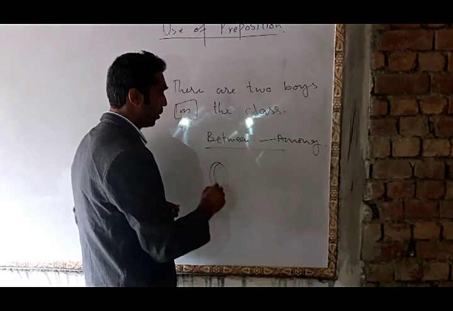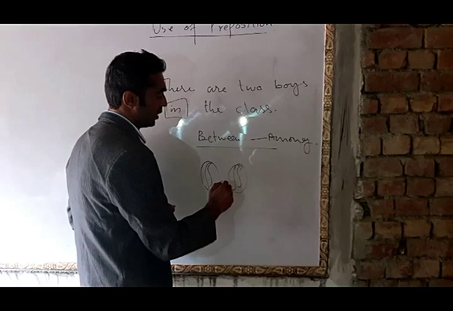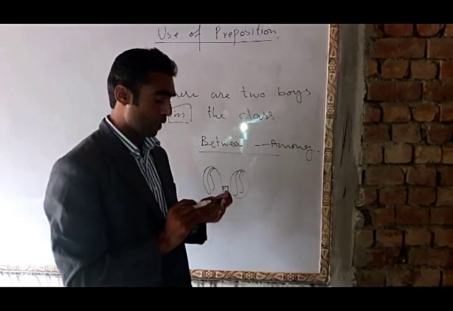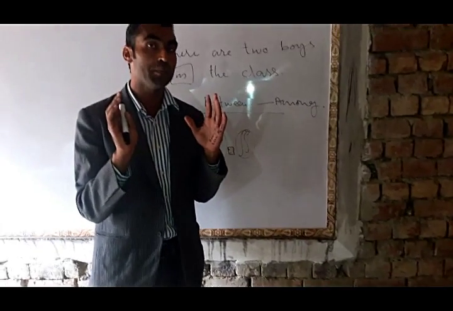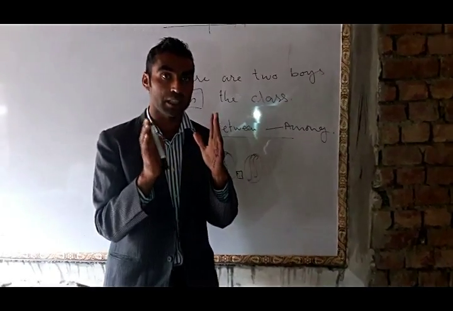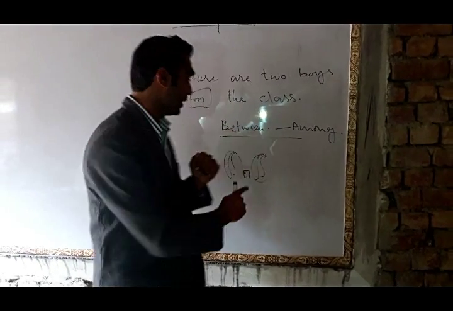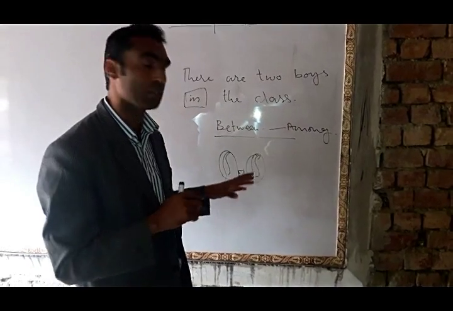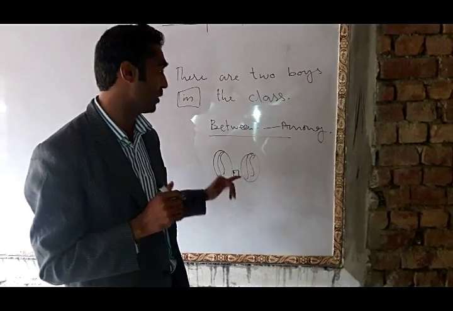Suppose this is a ball, this is another ball, and this is a dice. So we say that the dice is between the balls. Between means the position that is in between, inside the 2 things. One ball is on either side. That box is between these 2 balls. Then we use the word between.